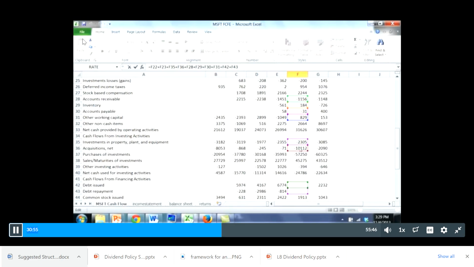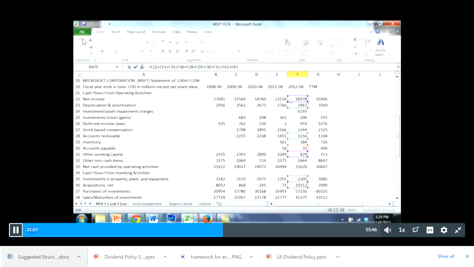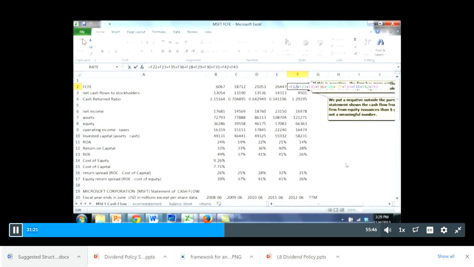So that's certainly a big part of why the 2012 numbers don't look so good, right? Partially because of slightly lower net income, but much bigger acquisition than has happened since 2008.